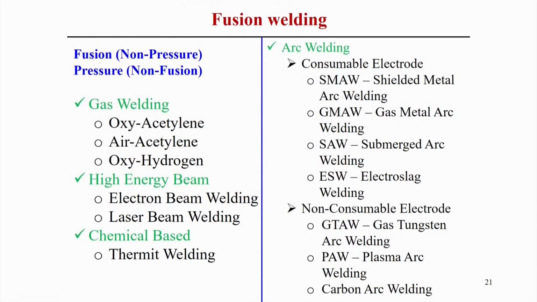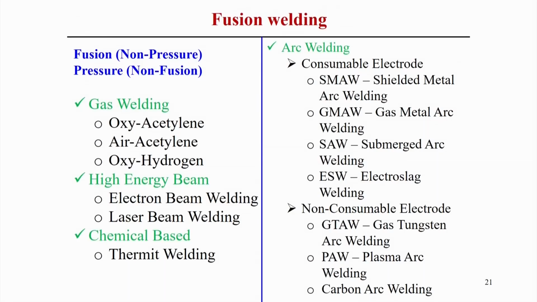We will focus only on fusion welding processes. Fusion welding can be categorized in this way: gas welding, with different processes such as oxyacetylene, air acetylene, and oxyhydrogen.